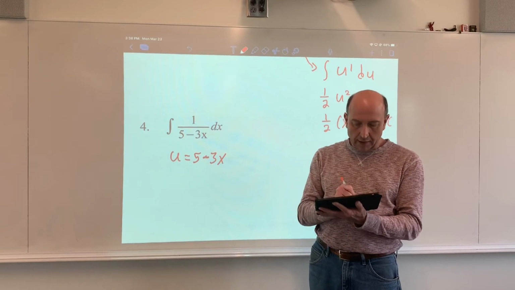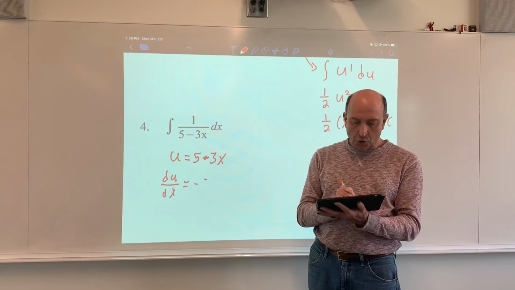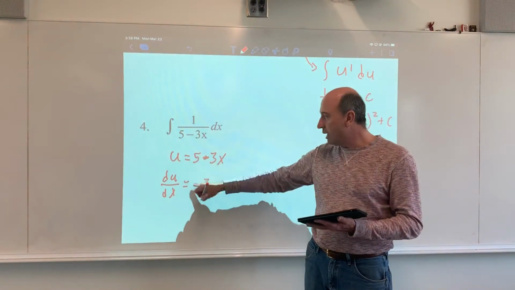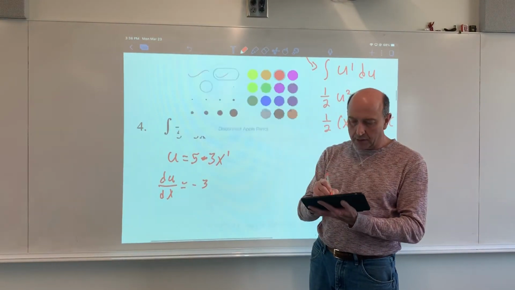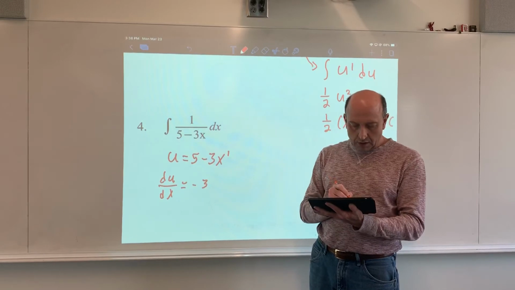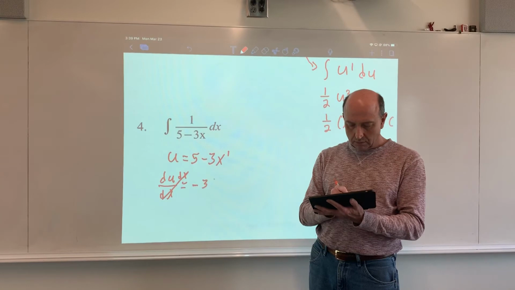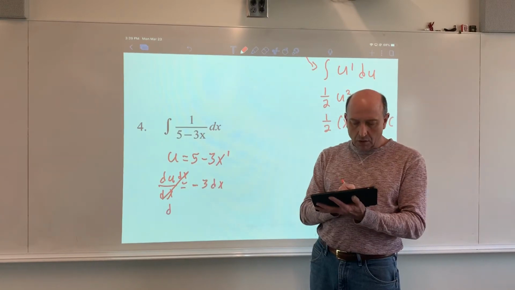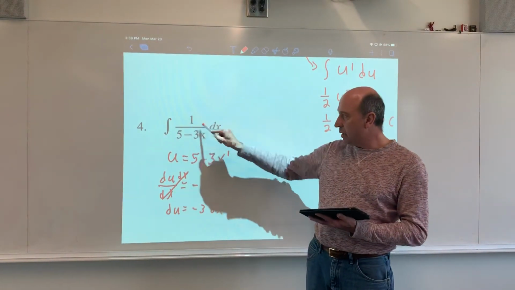Okay, let's try it. The derivative of u with respect to x would be -3, because 5 drops out. The derivative of -3x to the first, that smudgy thing is just a negative sign. So it's just -3. Multiply both sides by dx, and du equals -3 dx. Were we hoping for a -3 dx?